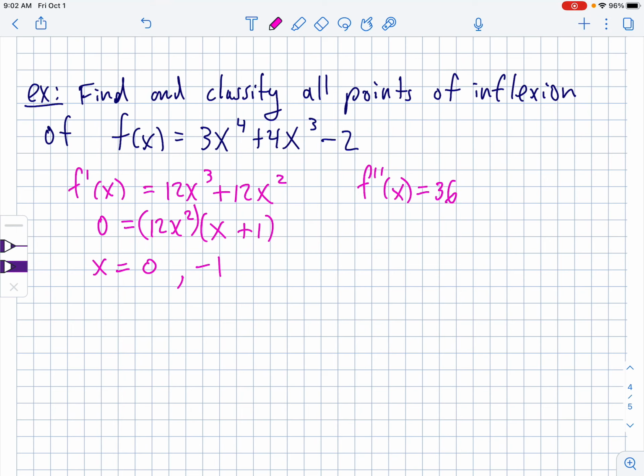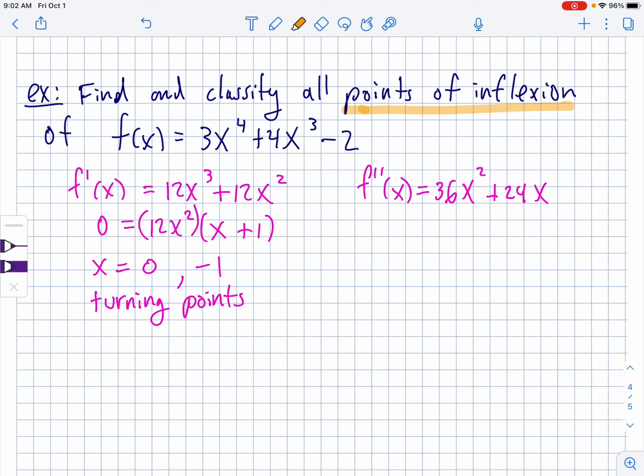When I take the second derivative, we get 36x squared plus 24x. Remember that a point of inflection, so these are turning points.